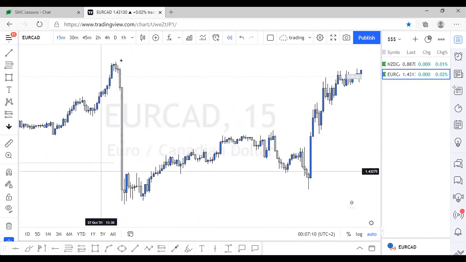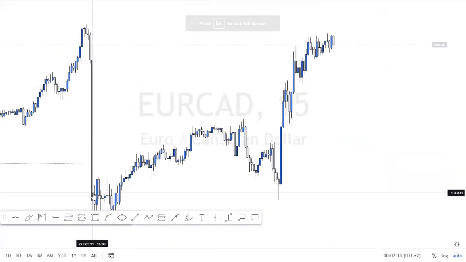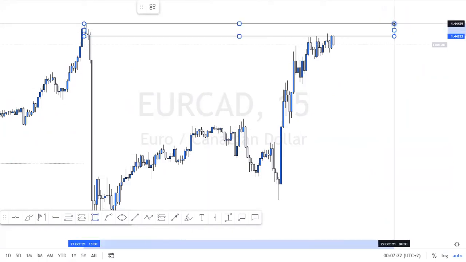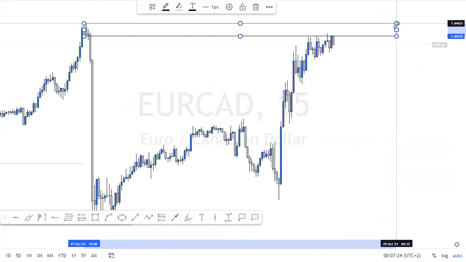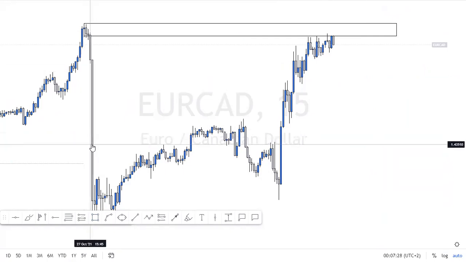So now we go to the lower time frame. Then what are we doing on the lower time frame? You can see that I have this last up candle here before this whole move to the downside.